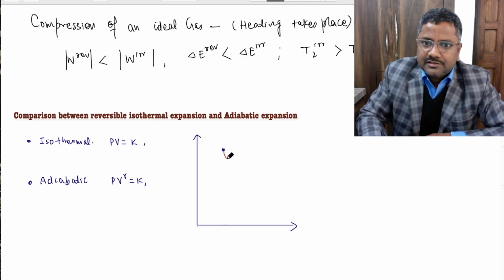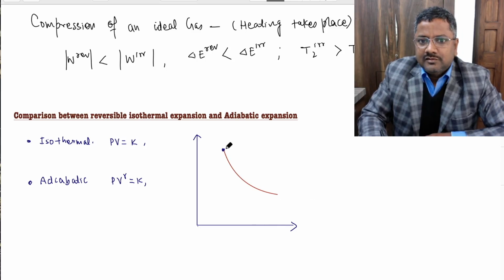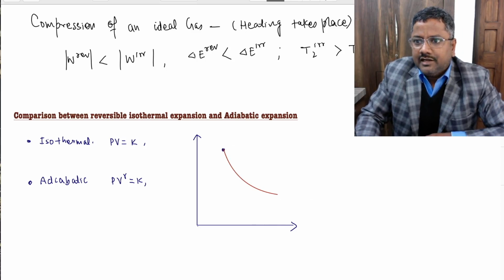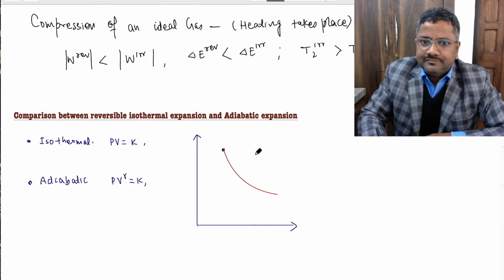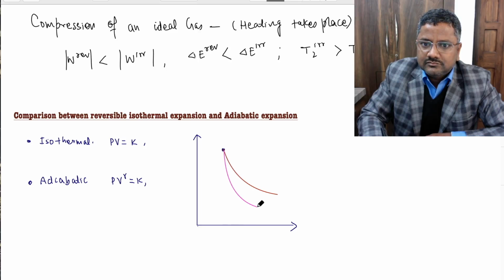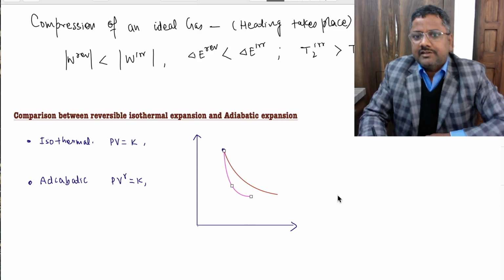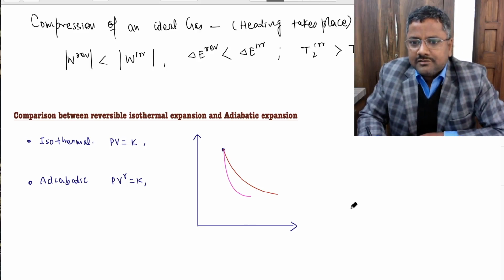If this is the plot of the isotherm, then the adiabatic is like this.